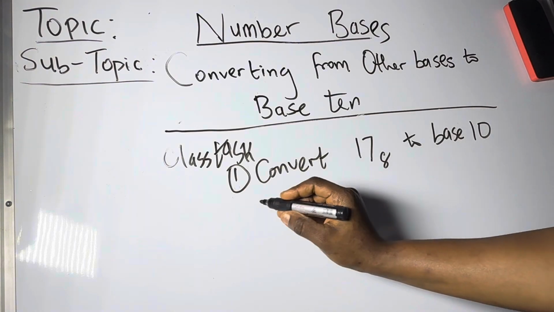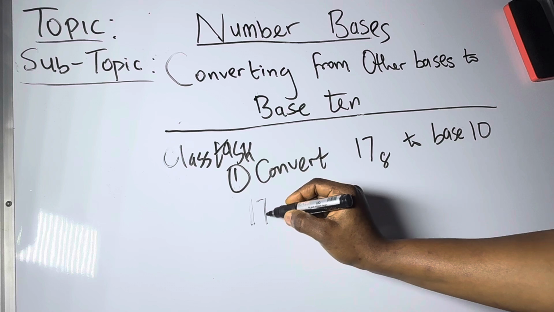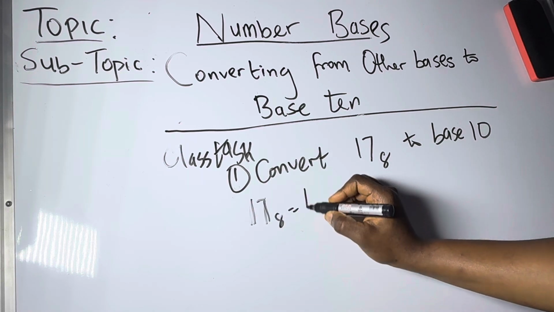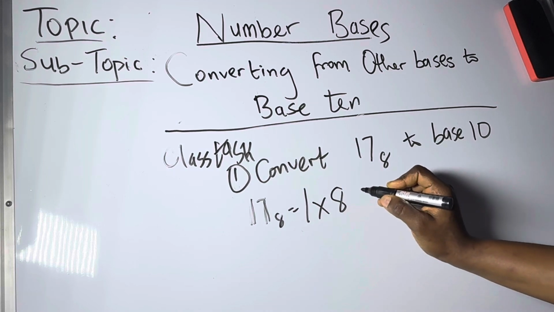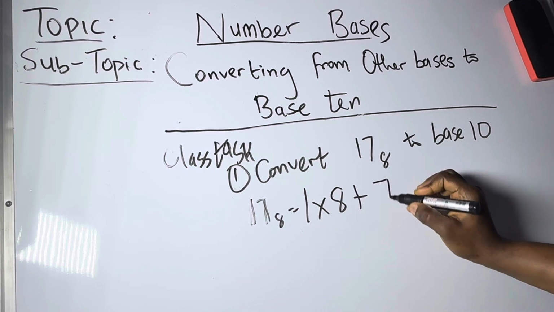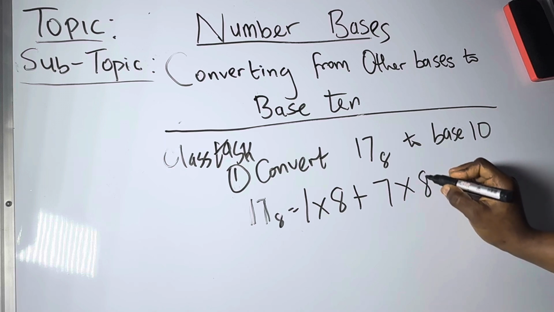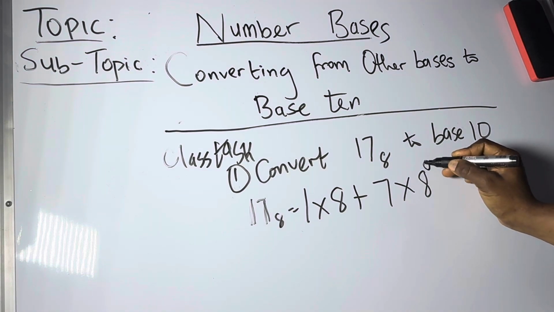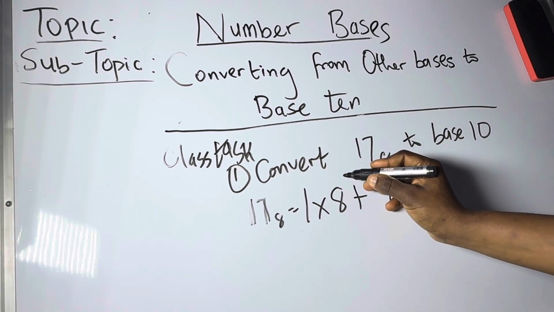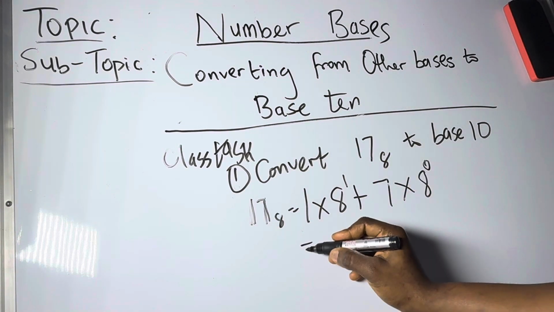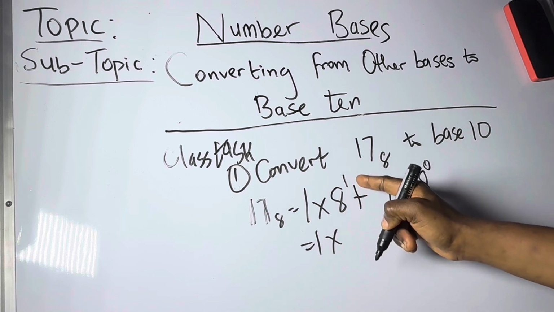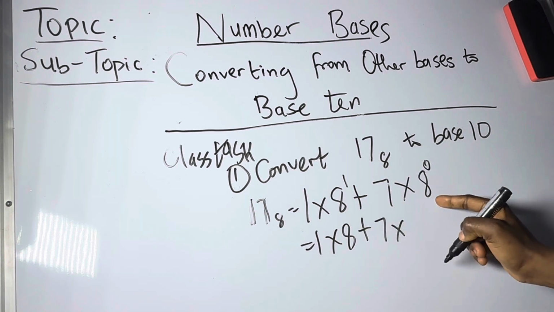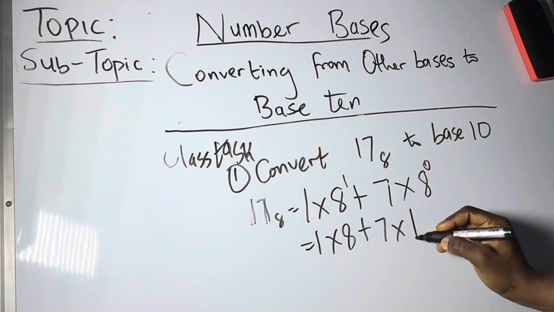Now, 17 in base 8 equals 1 multiplied by 8 plus 7 multiplied by 8. Now I'm going to be raising the power, starting with 0, followed by 1. So here we have 1 multiplied by 8 raised to power 1, which is 8, plus 7 times 8 raised to power 0, which is 1.